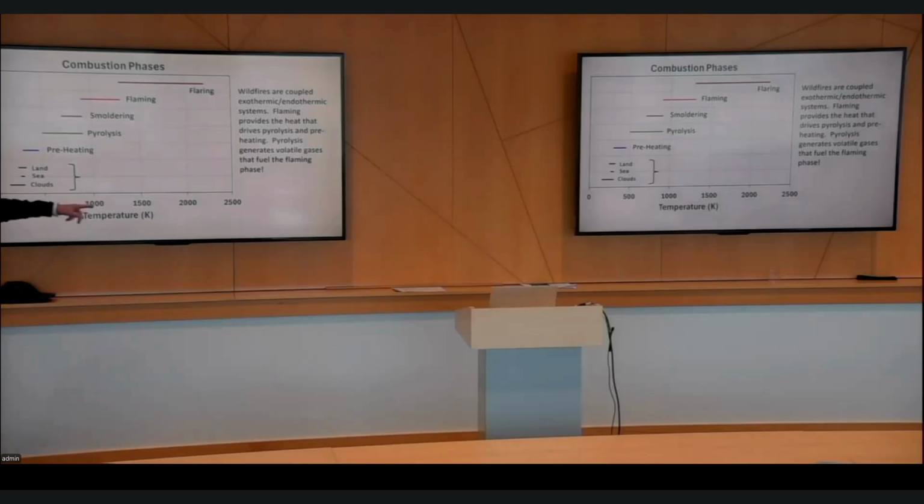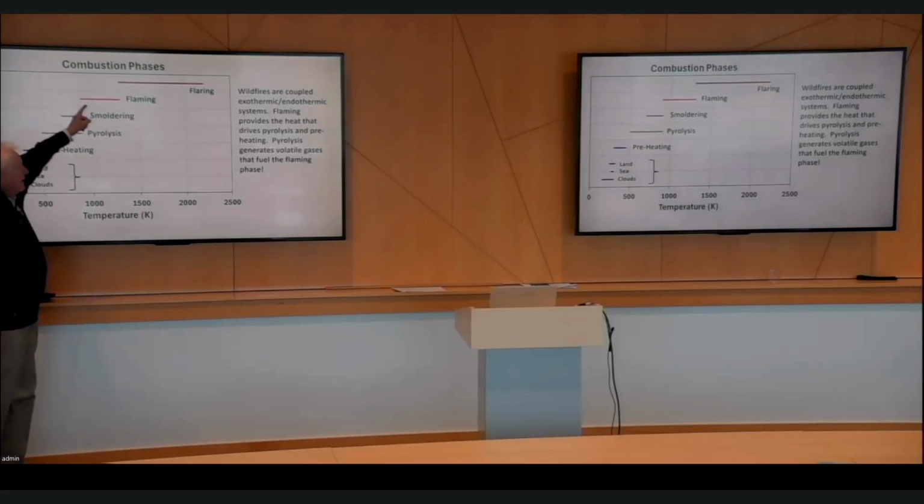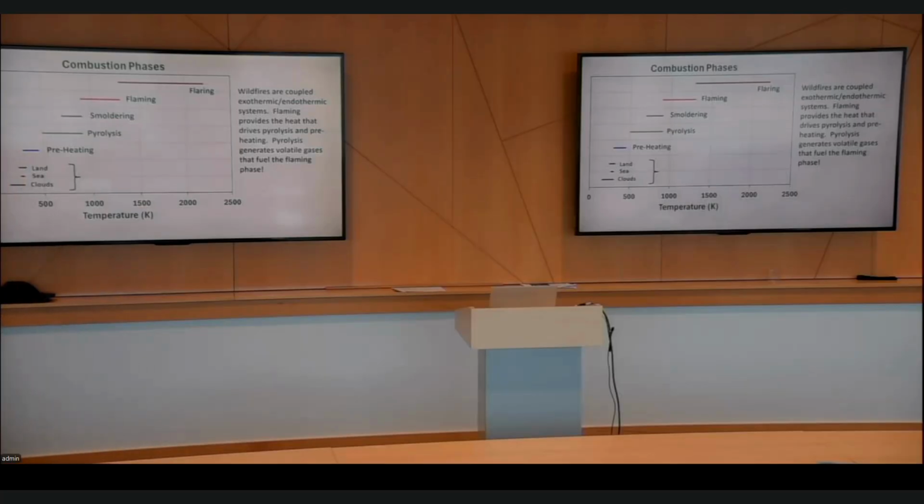Here is temperature. The temperature ranges for different things that are related to combustion. We have background down here, land, sea, ice, and clouds. When there's an active fire flaming, it is deriving its fuel from a process called pyrolysis.